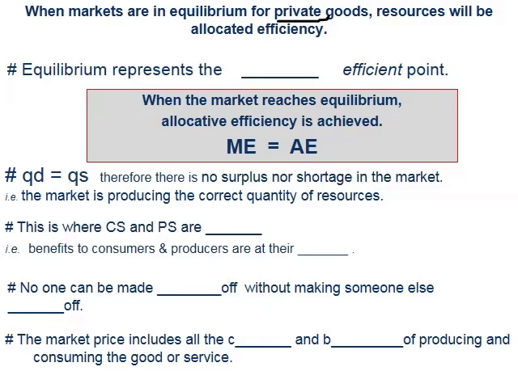So market equilibrium represents the allocatively efficient point.